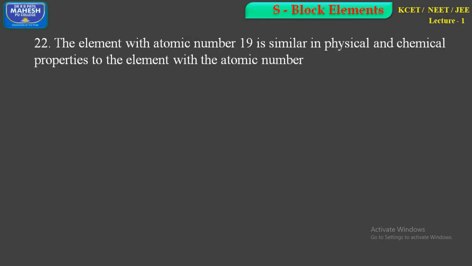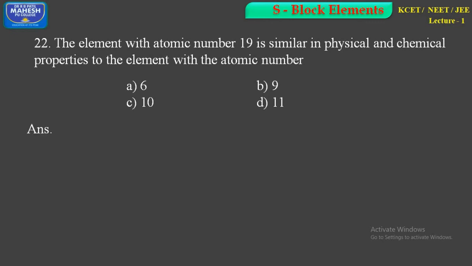22nd question. The element with atomic number 19 is similar in physical and chemical properties to the element with the atomic number option A 6, option B 9, option C 10 and option D 11.